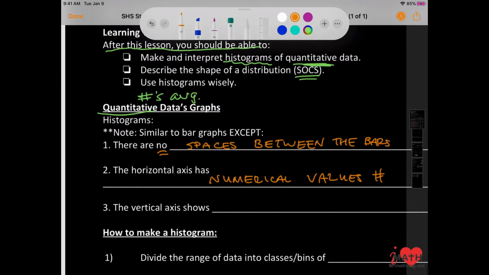That means they have numbers. Remember, horizontal is going this way, that is your x-axis. The vertical axis, which is your y-axis, shows the same values as the bar graph.